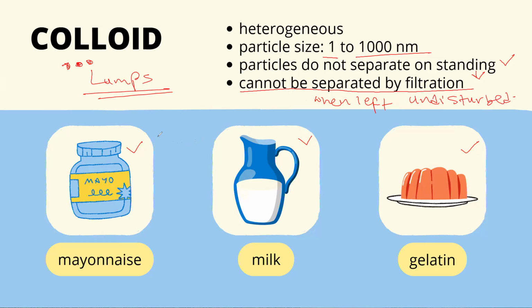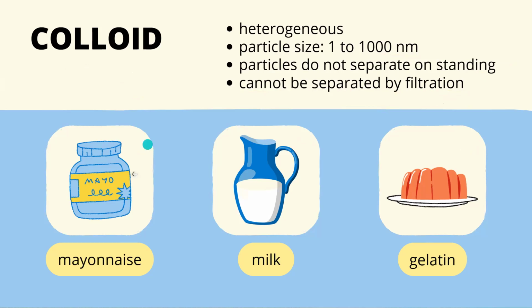What we mean is that the substances that make up the colloid, you do not separate them by filtering them. For instance, you take mayonnaise and you try to use a filter paper or a sieve, whatever you can lay your hand on. The particles will not be separated successfully. Is that correct? Yes, sir. Good. Is your confusion clear now?